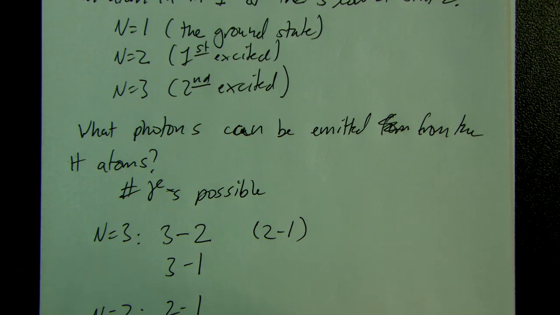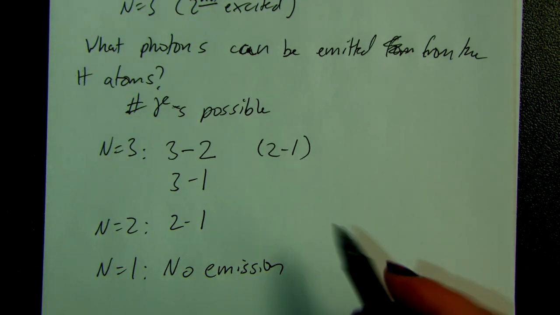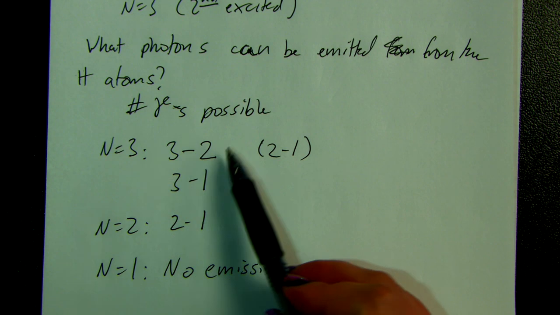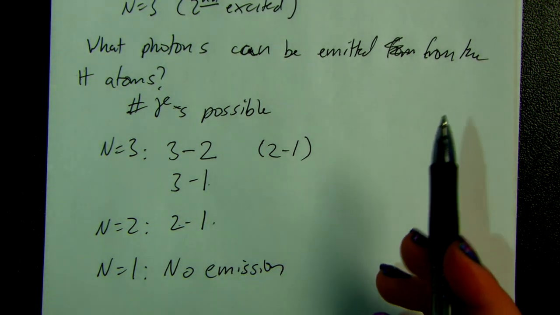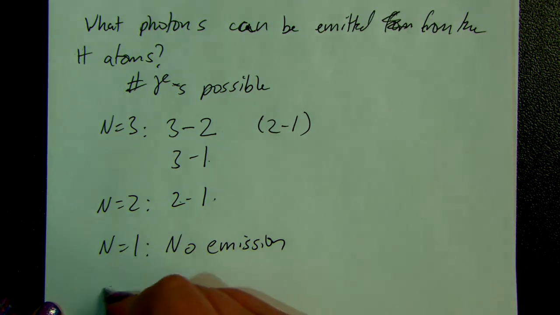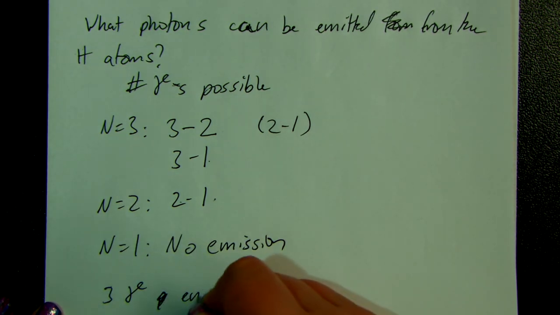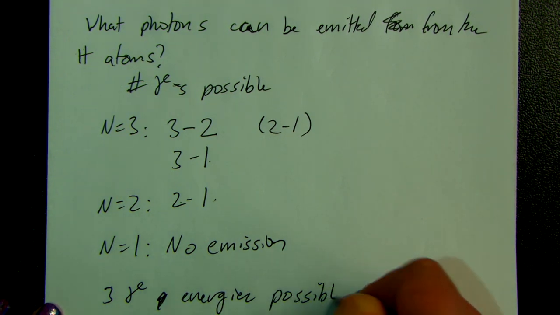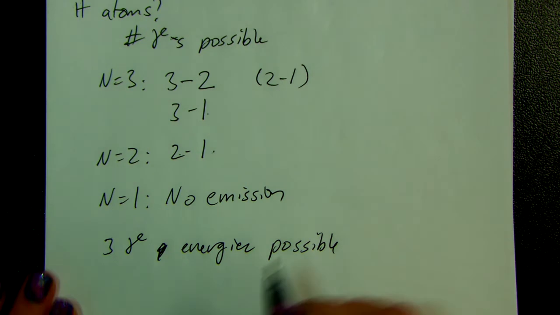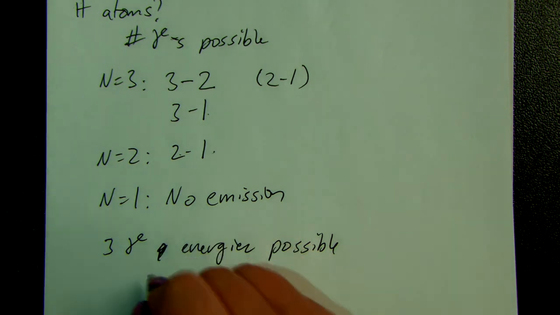You're already in ground, you can't go any further. So we can see that we'd have a photon corresponding from 3 to 2, 3 to 1, and 2 to 1. So there'd be 3 photon energies possible. Also, this would correspond to 3 different wavelengths of light. Okay, so now that we know that there's 3 possible, let's go ahead and calculate them.